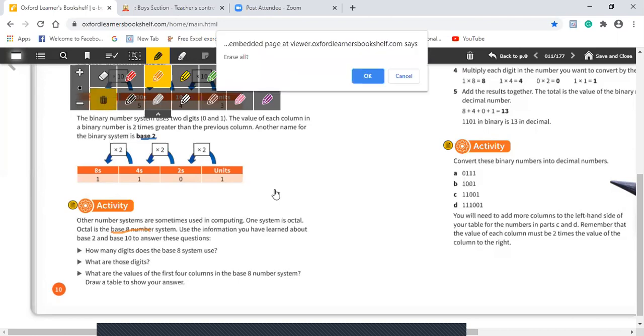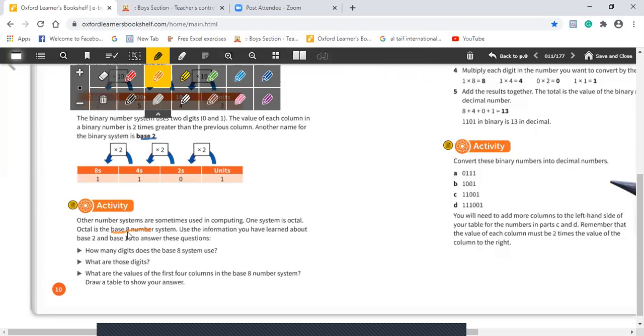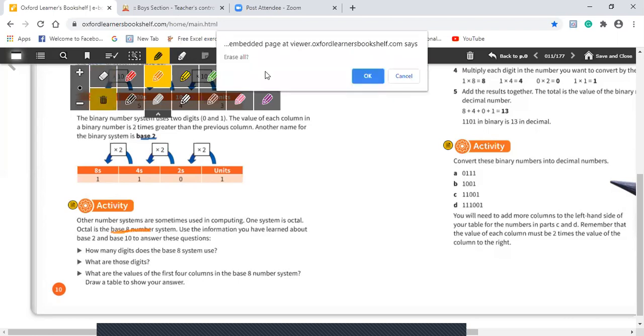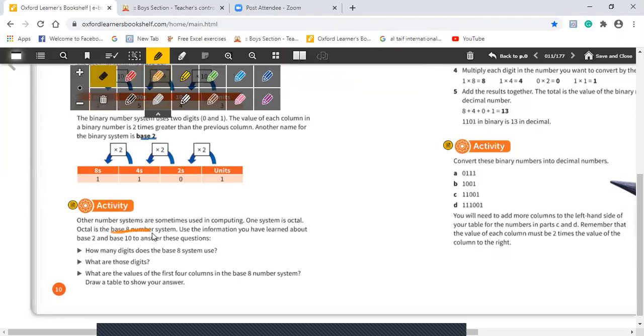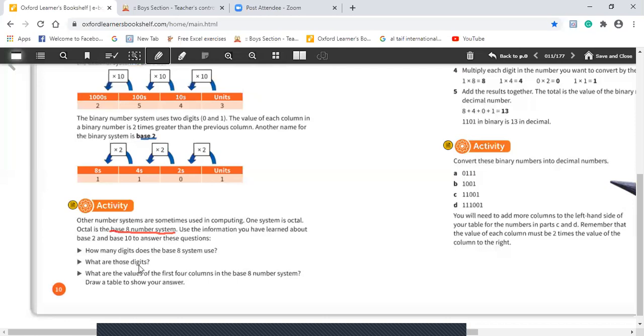Very easy. Okay, now we are going to see how we can convert between those number systems. Now there are easy questions.